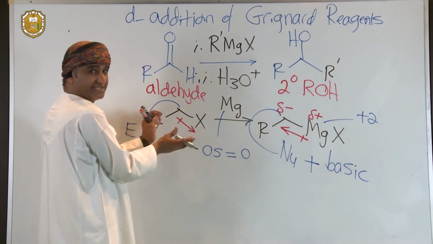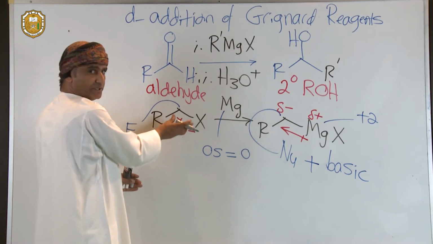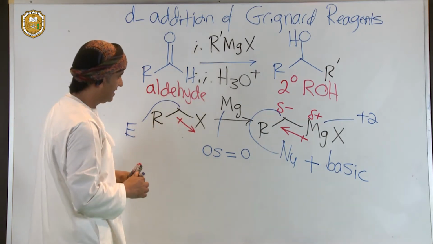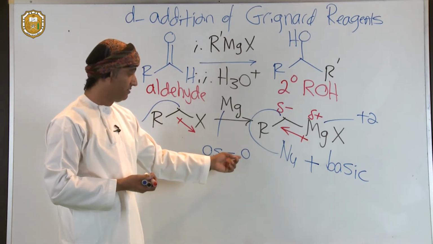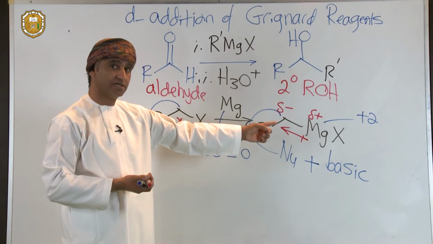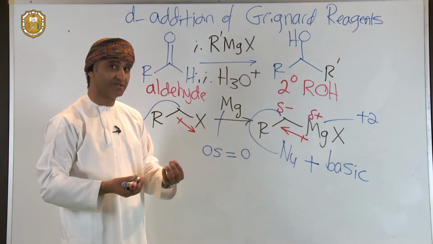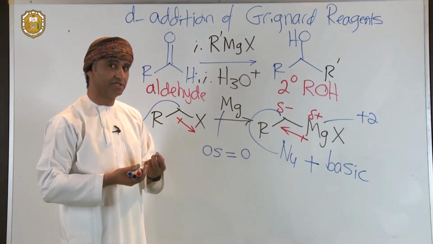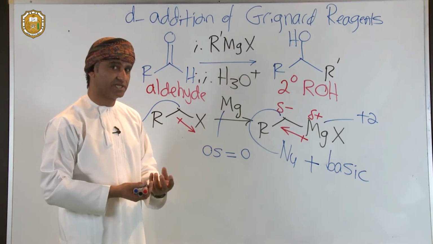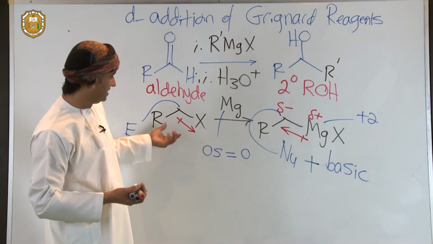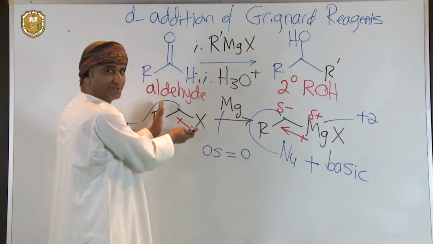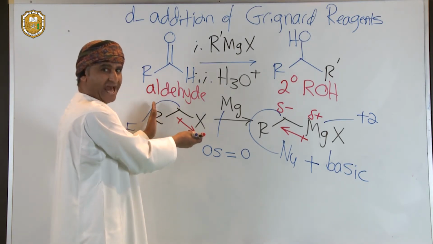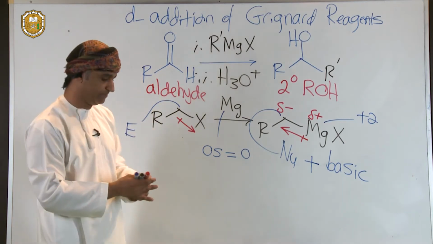If you like, magnesium has added itself between the C-X bond. Now its oxidation state has increased from 0 to +2. Therefore, this is oxidation in chemistry, plus it is also insertion. So magnesium has inserted itself between carbon and X.